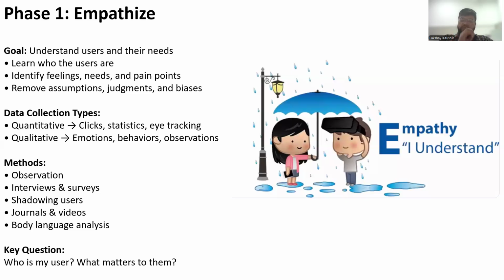The question that arises in this area is, who is my user? Who is my user means understanding exactly what type of person they are and their needs. The first goal is to understand the user and their needs, and based on that identify exactly who the users are, so we can find their pain points.